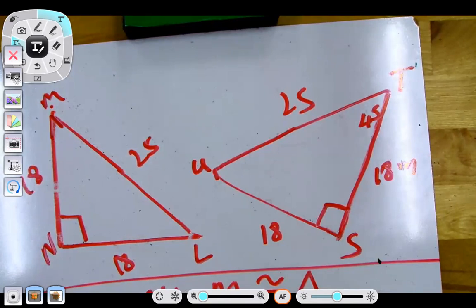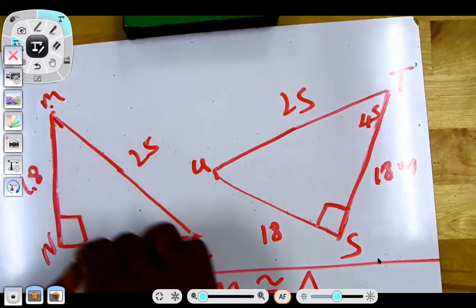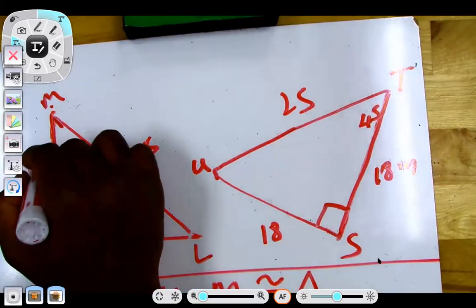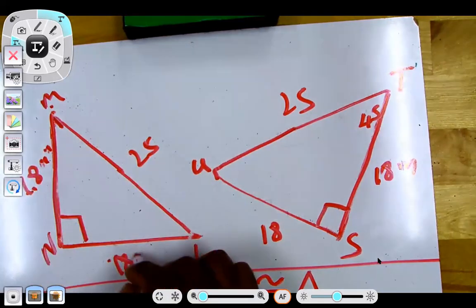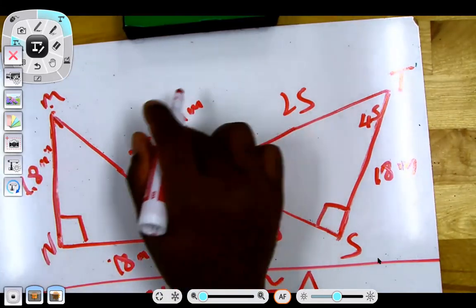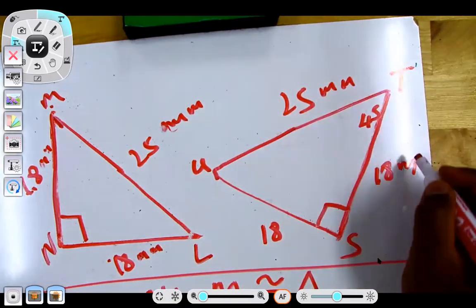This is pretty easy because these two sides are 18 millimeters. And this one is 25 millimeters, and this one 25 millimeters.